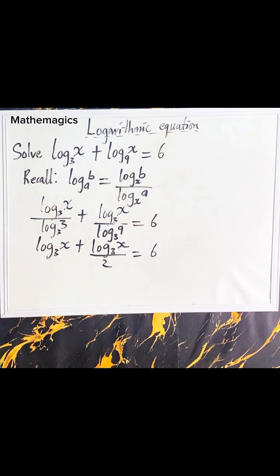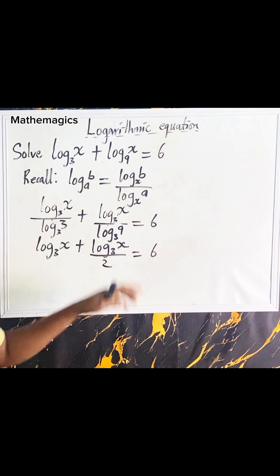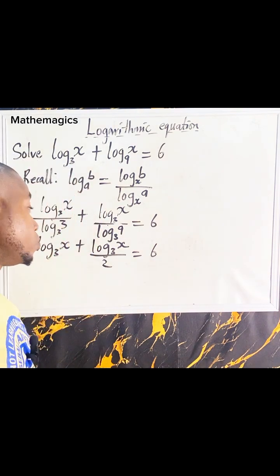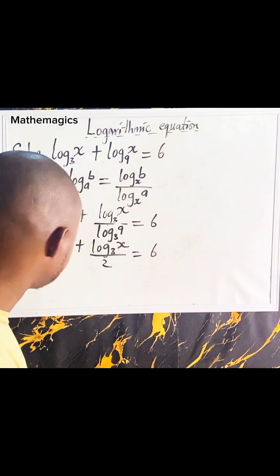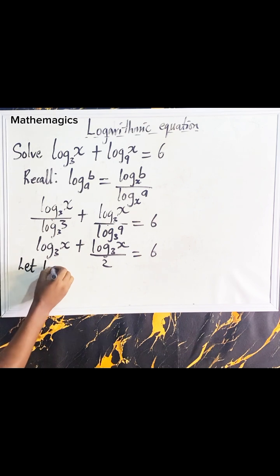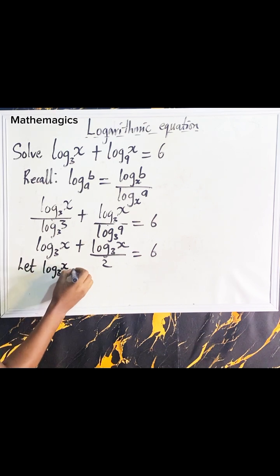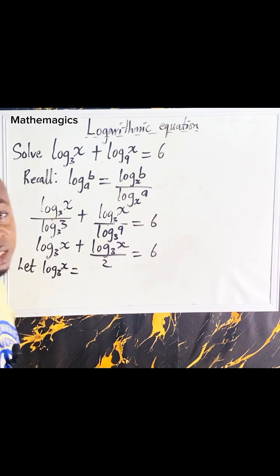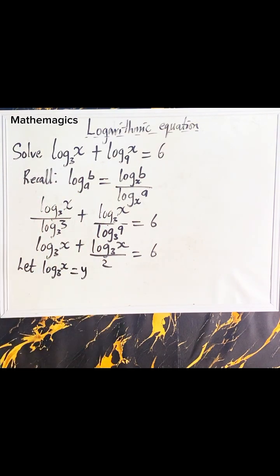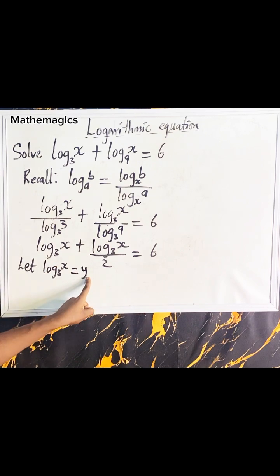Now at this point, log to base 3 of x and log to base 3 of x, they are similar, true or false. So all I need to do is to substitute. Let log to base 3 of x be, maybe any of the variables, let me use y. Let it be y. Anywhere I come across log to base 3 of x, it becomes y.